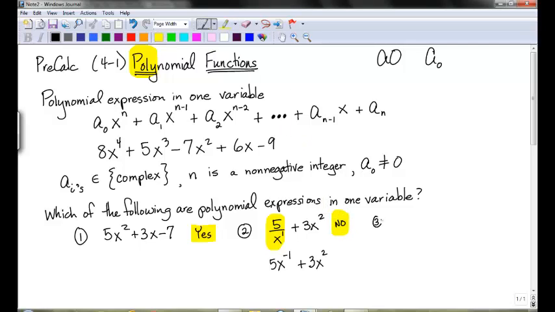Okay, and the third example, negative 3y plus x. Yes or no? Why? 2 variables, yep. Okay, it has to be a polynomial expression in one variable, and there are 2 variables.